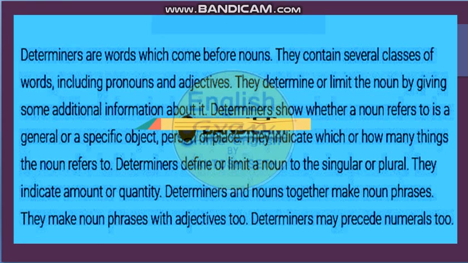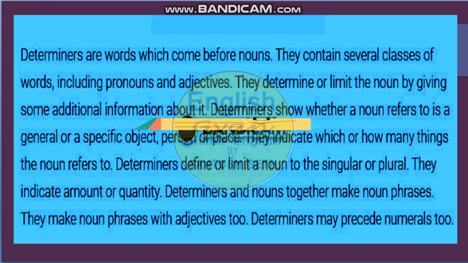Determiners are words which come before nouns. They contain classes of words including pronouns and adjectives. They limit the noun by giving additional information. They show whether a noun refers to a general or a specific object, person or place.